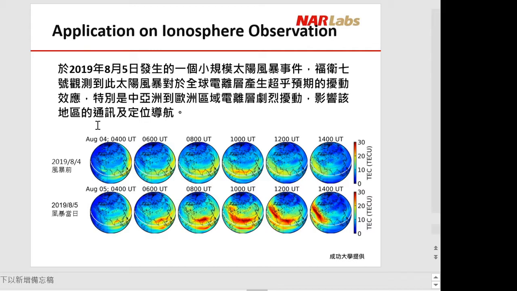This slide is made by National Cheng Kung University. Perhaps Dr. Charles Lin can provide more insight on this slide. What I want to say here is the observation of the ionosphere can provide researchers and universities more data to understand what happened in the ionosphere.